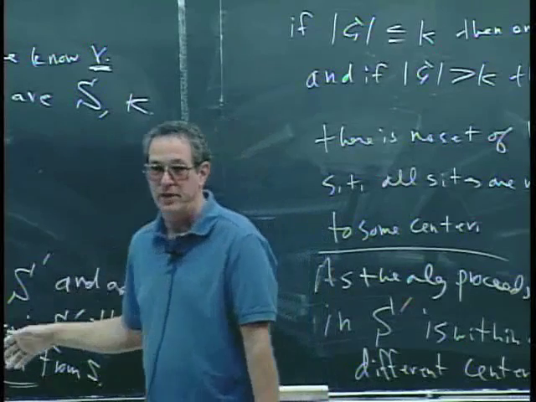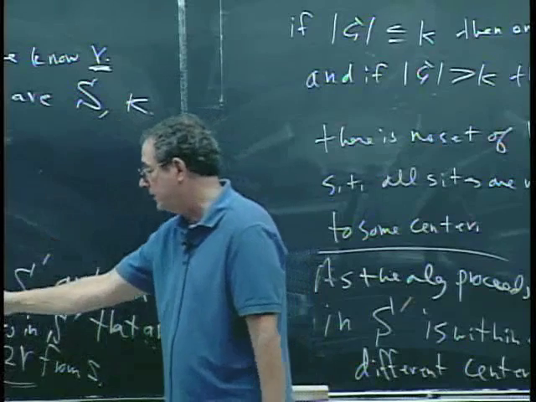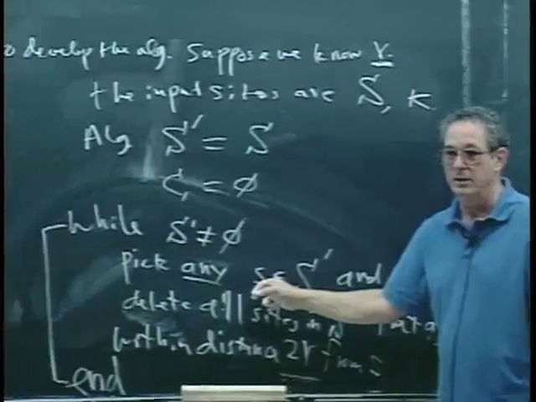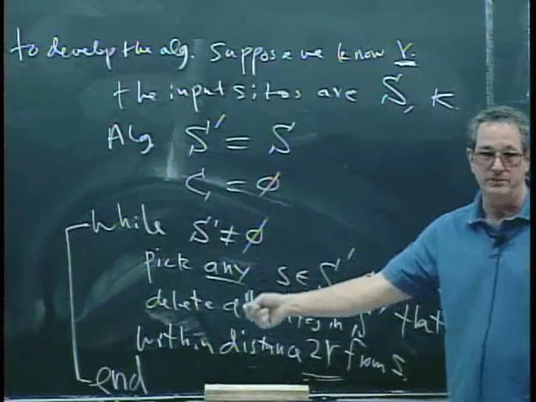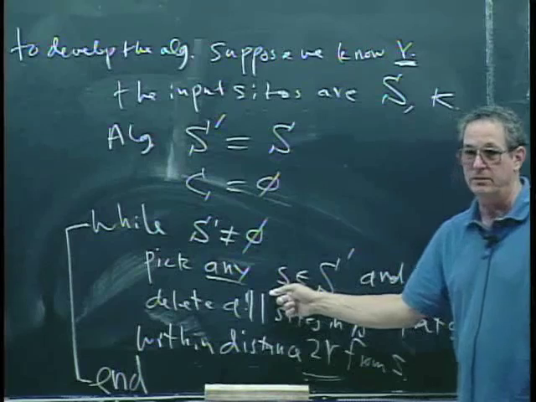So how do we achieve that when we don't know R is the following. We start out arbitrarily picking a site, okay, and then the next site we pick is going to be the farthest away from the site we've picked.